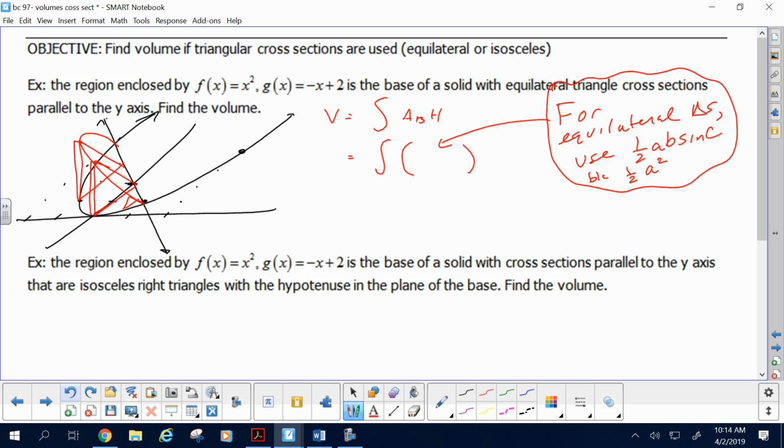Also, what do you know about angle C? In an equilateral triangle, it must be 60 degrees. And so if you use 1/2 AB sine C, there's no guesswork. What's the base? What's the height? It's always the same. 1/2 A squared root 3 over 2 or root 3 over 4 A squared.